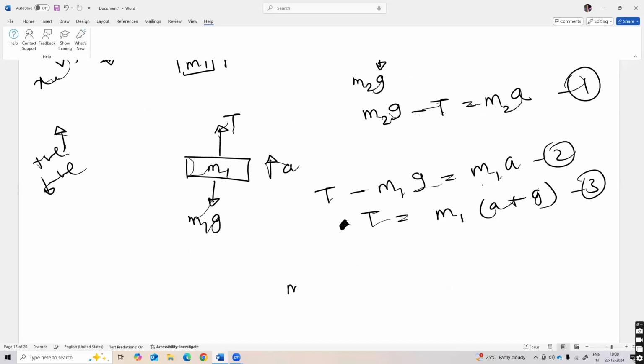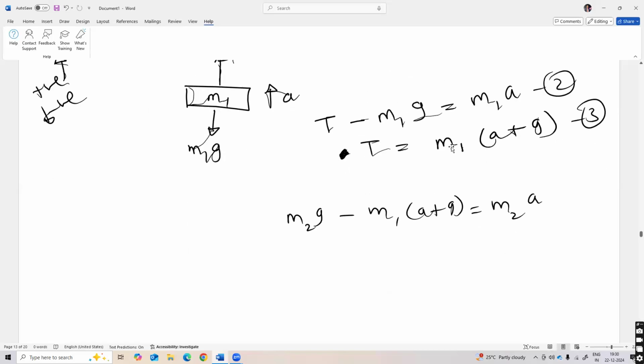it will give us M2G minus M1 into (A plus G) is equal to M2A. So from this we can find out the acceleration. Let's find it out. M2G minus M1A minus M1G is equal to M2 times A. Let's take this term on the right hand side.